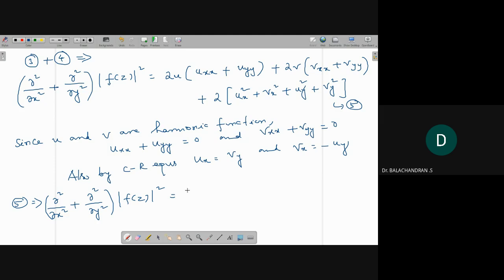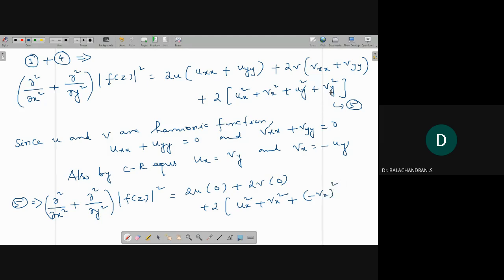This is equal to 2u into 0 plus 2v into 0 plus 2 into ux square plus vx square. Instead of uy, I will replace by minus vx whole square.